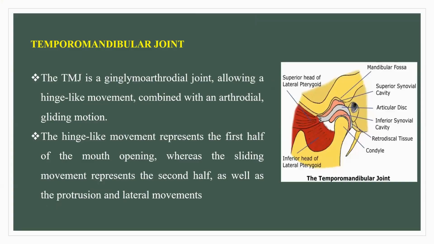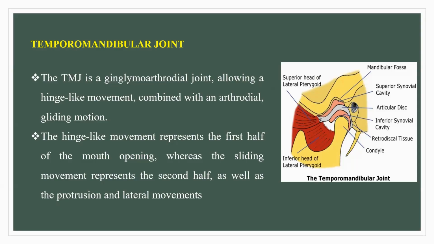So moving on, first we'll be talking about temporomandibular joint anatomy. TMJ is a ginglymoarthrodial joint, allowing a hinge-like movement combined with an arthrodial gliding movement. That means initially, in the phase of opening till 20 mm, the joint is in a hinge movement, and once the opening is made wider, it is going to be in a gliding motion.